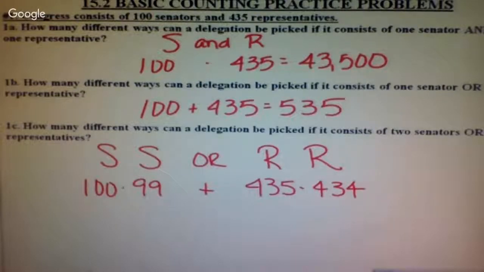Why did my numbers go down each time? Because you can't have the same senator twice. Right, you can't have the same person fill 2 different positions.